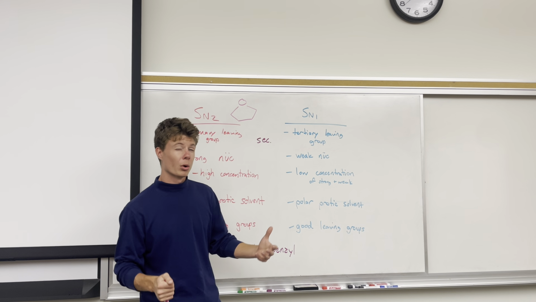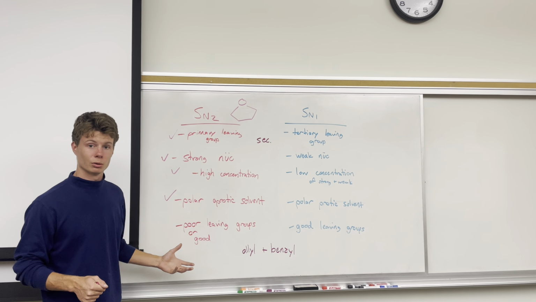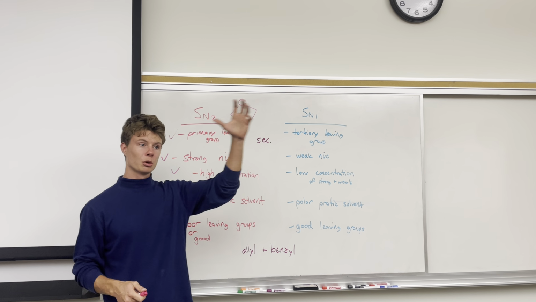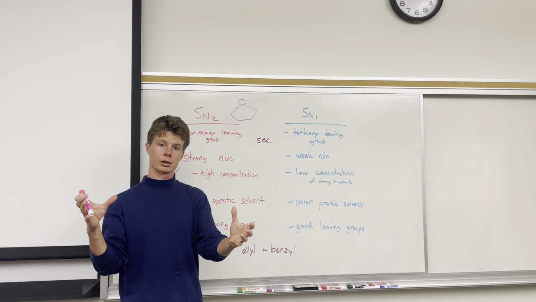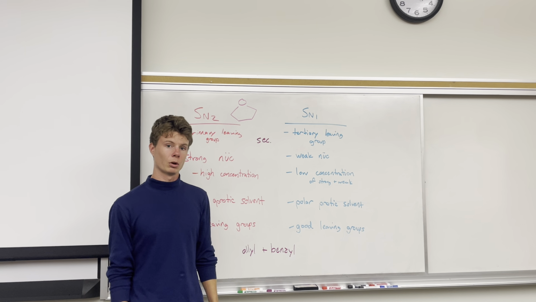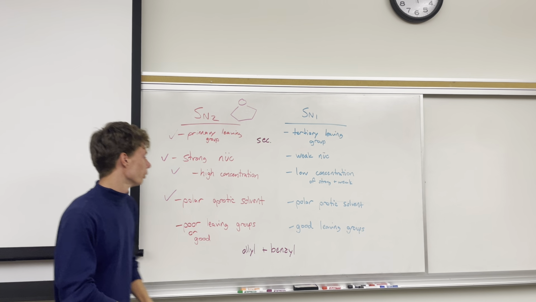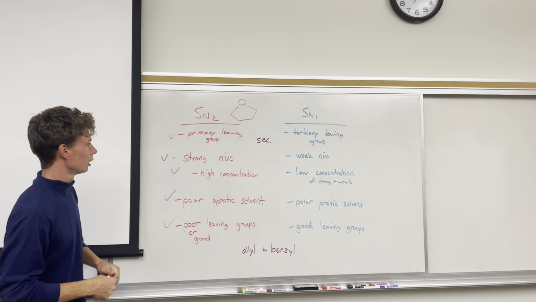So if we have a poor leaving group, it's unlikely to be SN1, and more likely to be SN2. We have a strong nucleophile that's forcing that poor leaving group off of that molecule. Whereas in SN1, we just need the leaving group to go on its own, and if it's not a very good leaving group, it's not going to want to do that. So there are some conditions for SN2.